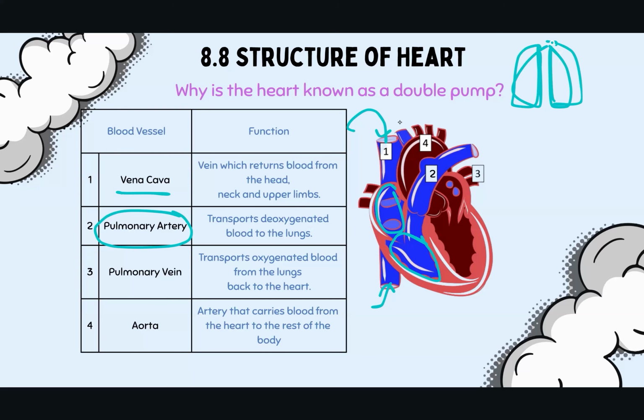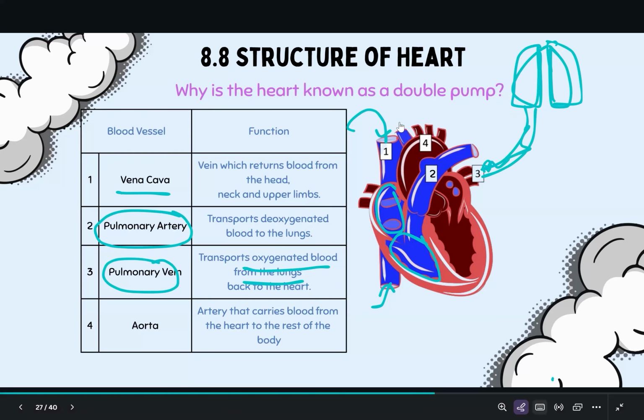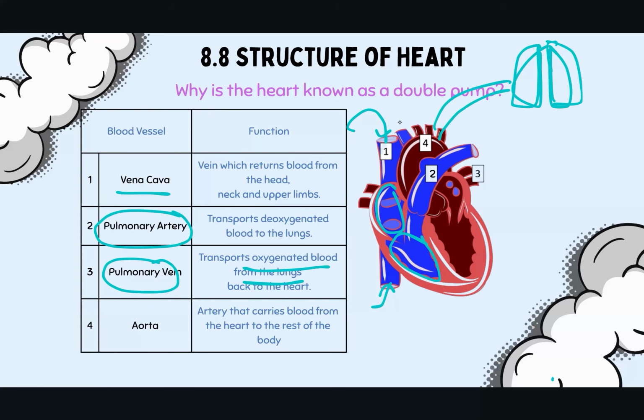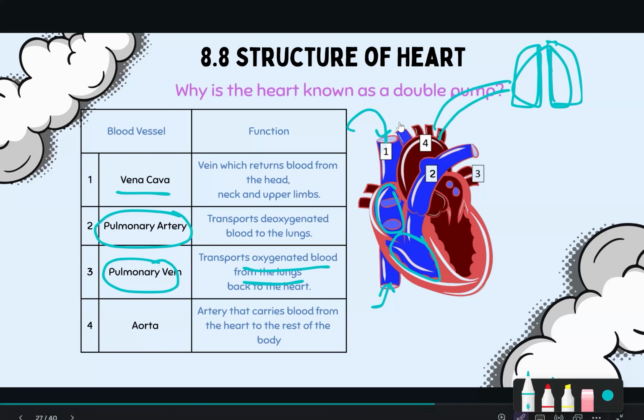Once that blood reaches the lungs, it's oxygenated, and it comes back to the heart. So what brings blood back to the heart? The pulmonary vein. The pulmonary vein then transports the oxygenated blood from the lungs back to the heart. Apologies, I'm doing this the wrong way around.